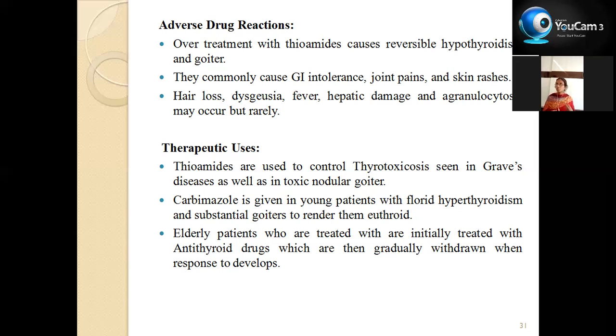Nothing but, this drug is used to reduce the release of thyroid hormones in the body for the treatment of hyperthyroidism.